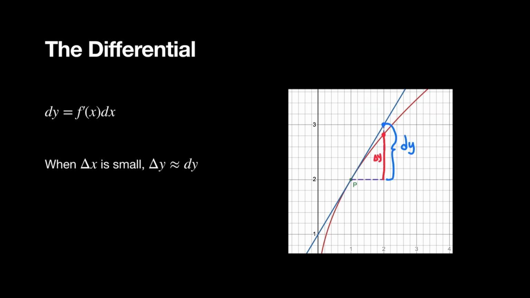So one thing to notice here is that if you are close to that point of tangency, if your delta x is small, if you don't go over very far, the dy and the delta y are really close together. So the tangent line and the function are very close together when we are close to that point of tangency.